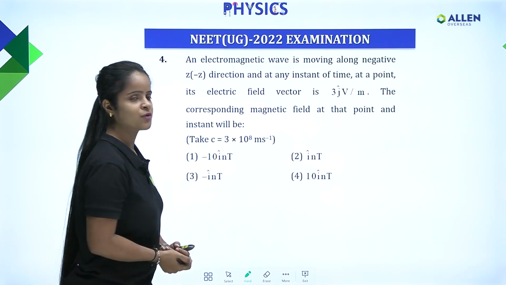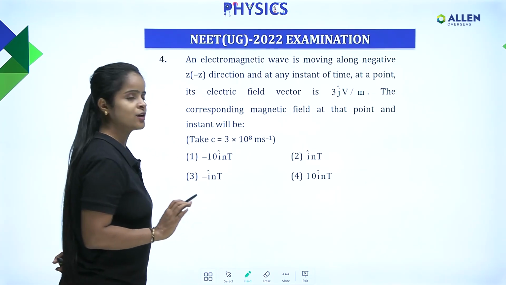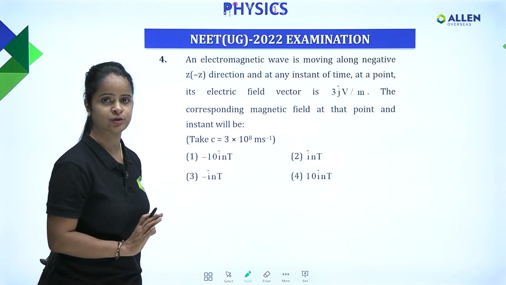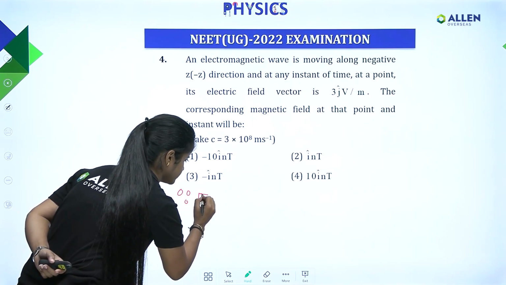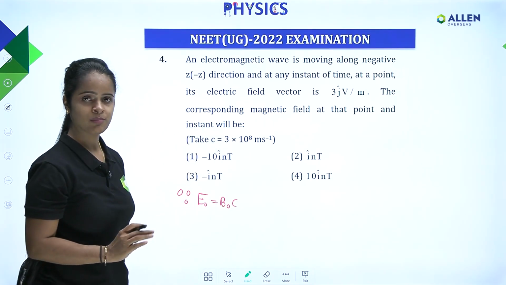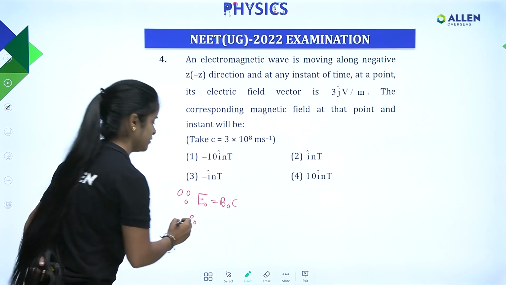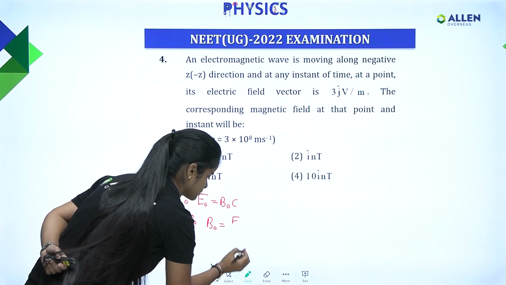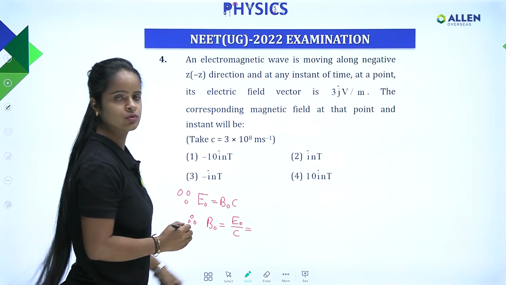Now this is a completely direct formula based question, as well as one concept you have to use here. This question is from EM waves, that is electromagnetic waves, right? So the very first thing is to calculate the magnitude, according to which the option will be correct. As it is known to everyone, E naught equals B naught into C. If I am considering only magnitude, our aim is to calculate the magnitude of B naught, so it will be E naught by C. According to the question the value of electric field is 3.